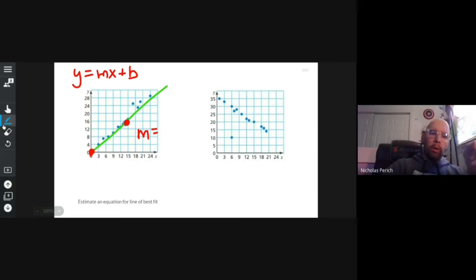So my slope is up 4, 8, 12, 16. So up 16 over, is it over 1, 2, 3? Is it over 4, 8? No, it's over 3, 6, 9, 12, so over 3, 6, 9, 12, 15.